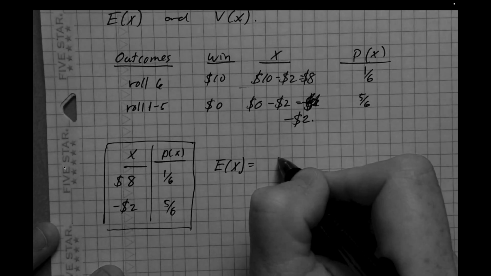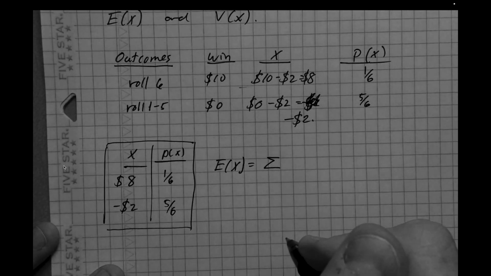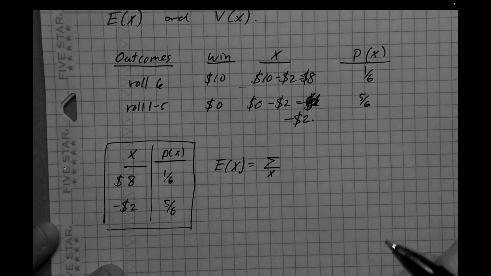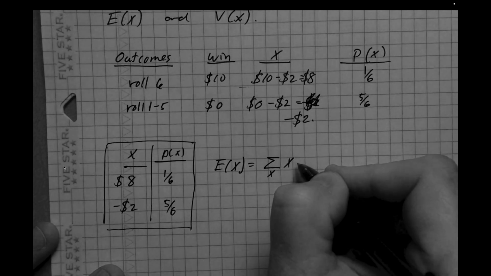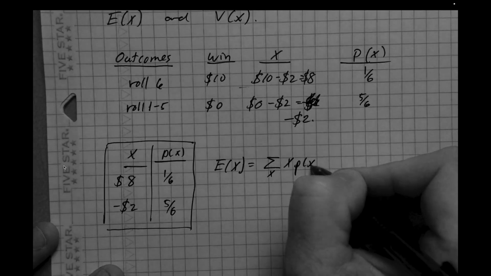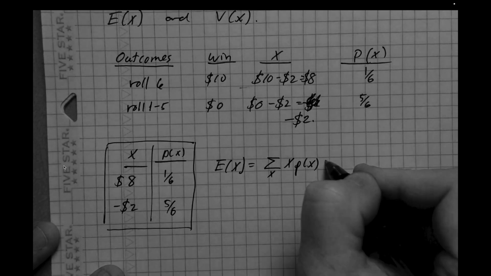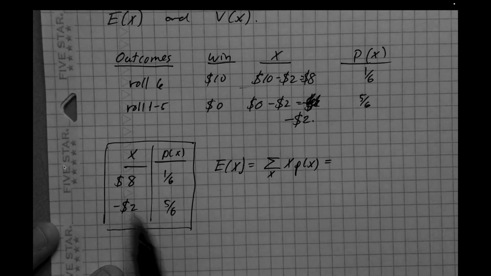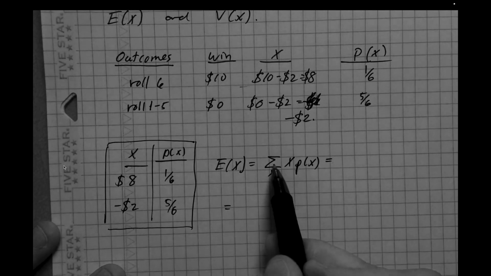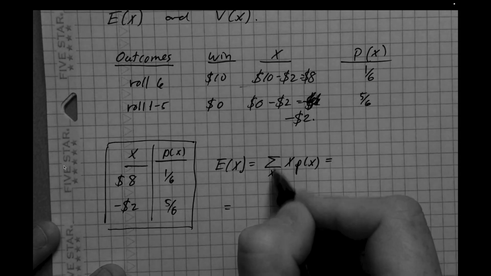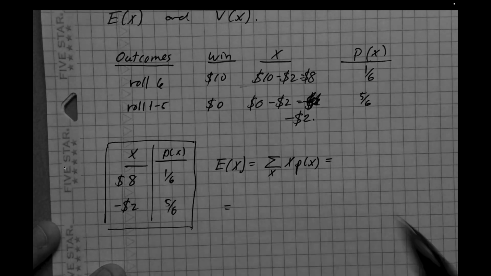Well, just using the definition, this is going to be the sum over the x values of x times p(x). The x values are 8 and negative 2, so you can't index that nicely; really it's just the sum over all the valid values of x.